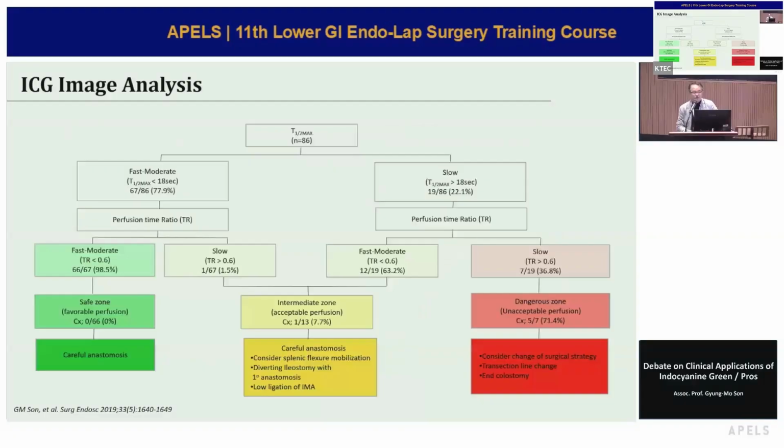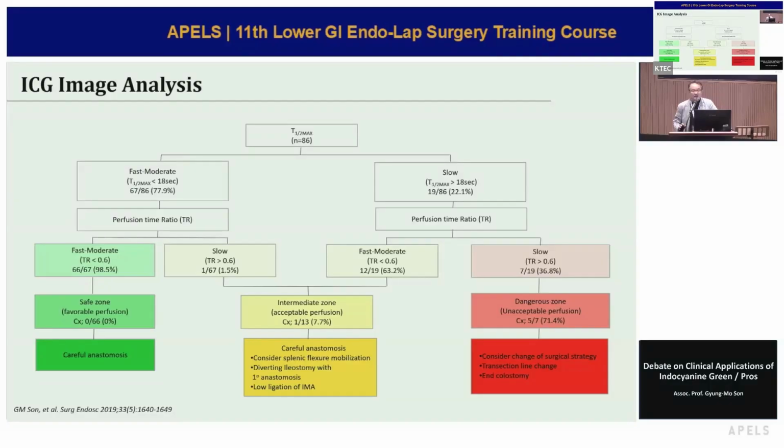So we can make an analysis step like this, and using the quantitative perfusion parameters, we can classify the dangerous group and the safe group. In my series, in the dangerous group, the patients had anastomotic complications in 70%, a very high risk.